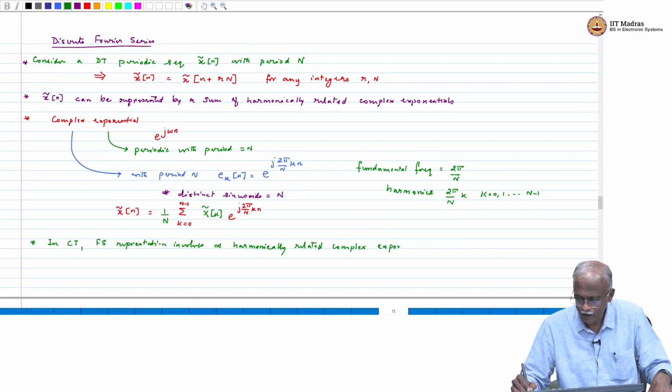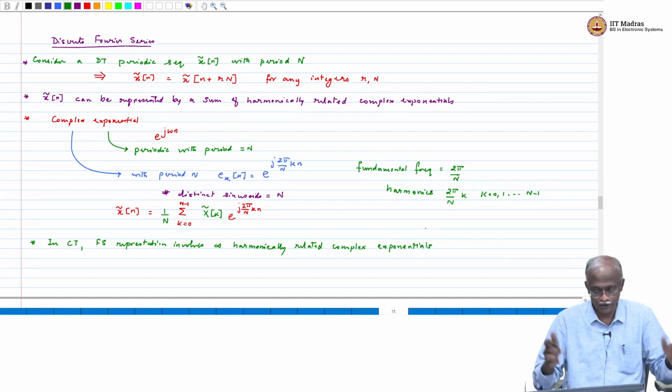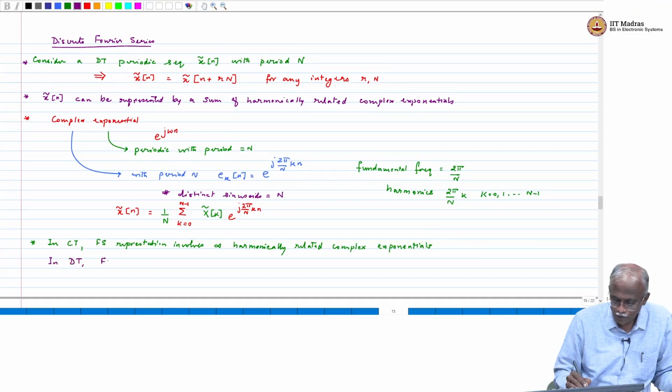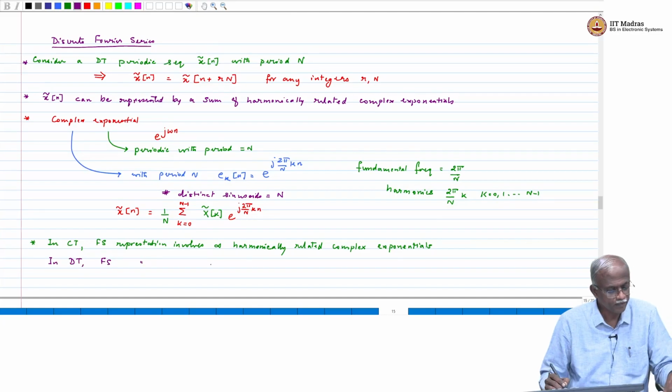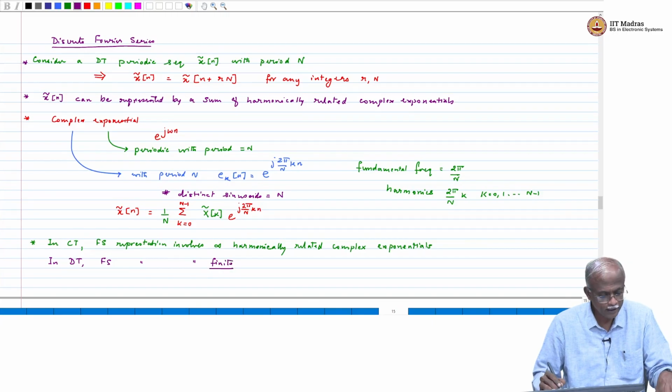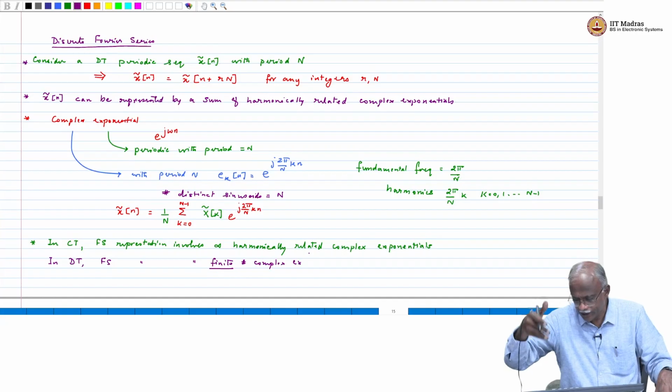Now, on the other hand, discrete time has only N distinct sinusoids. Therefore, there is a big difference. In discrete time, the Fourier series representation involves only a finite number of complex exponentials, and the finite number is equal to the period.